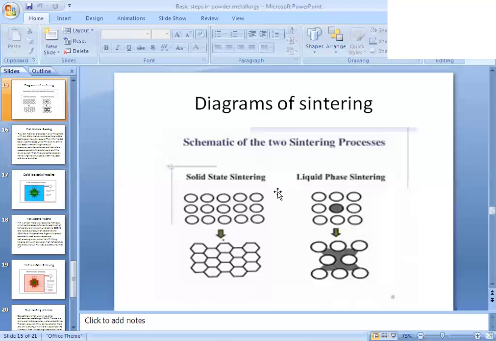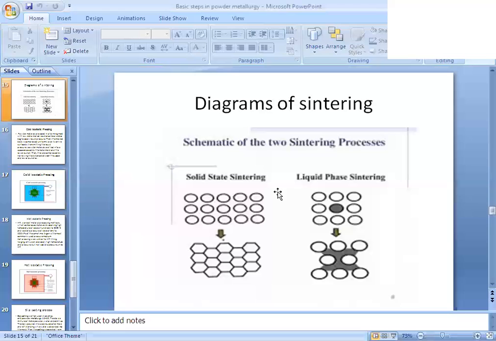After the arrow mark, the circles become a hexagonal shape; initially they had an oval shape. This indicates solid state sintering, meaning how solid particles are sintered and deposited.